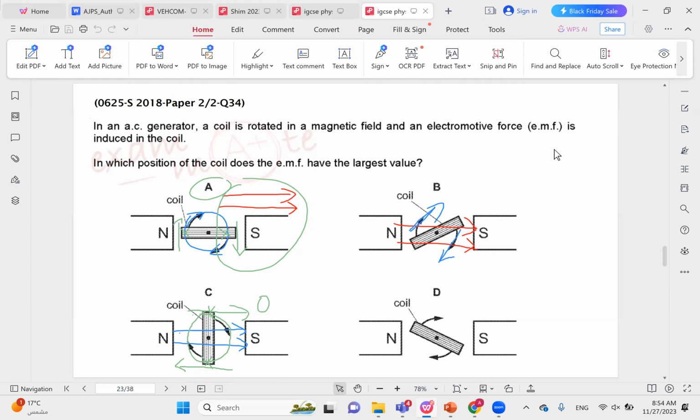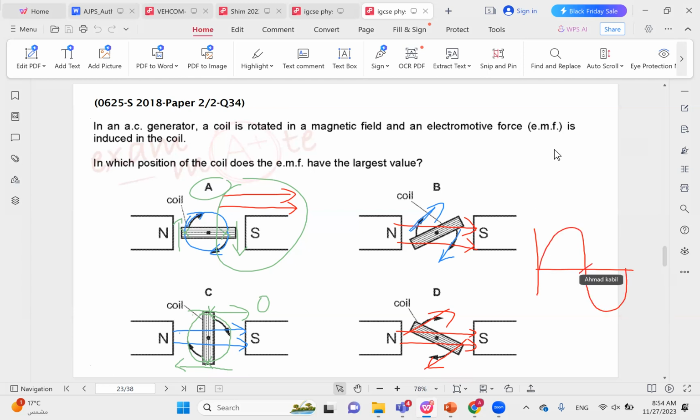In choice D, again, this is a horizontal magnetic field and the tangents are sort of like this. So there is some induced EMF, but it's not the largest. One final comment here is that if we look at these 4 stages, A, B, C, and D, we can translate them onto a graph that looks like this.